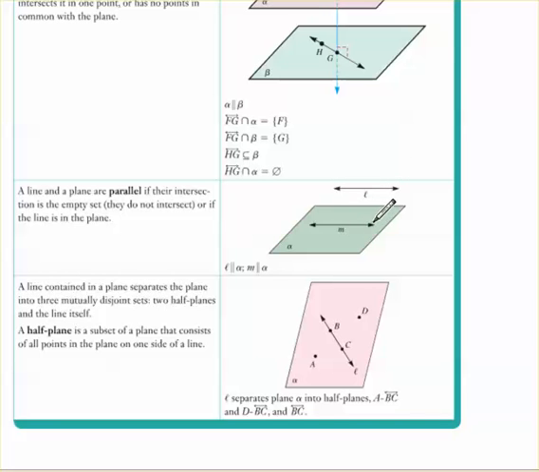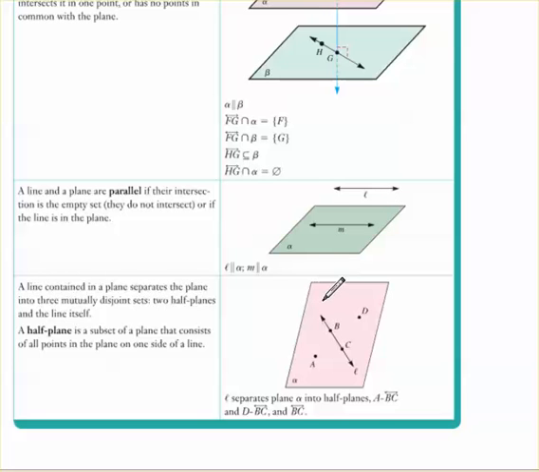But technically this line M is also parallel to the plane because it lies within the plane itself. And if we were just looking at the lines, M and L would be parallel to each other also.